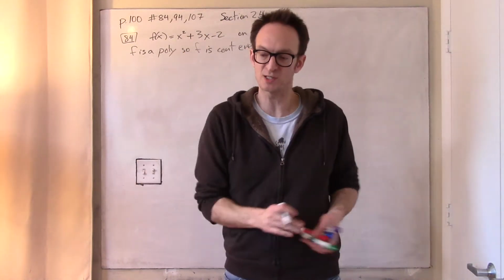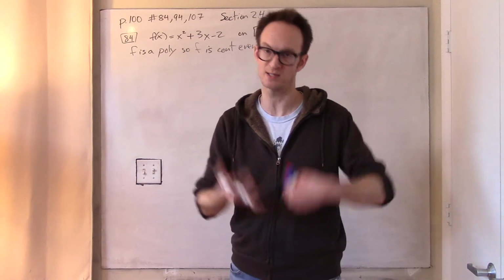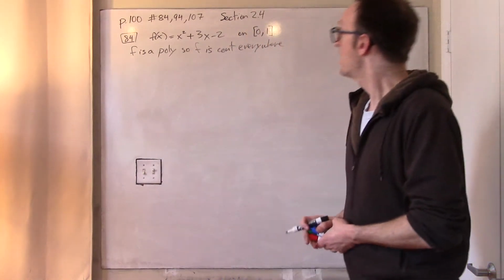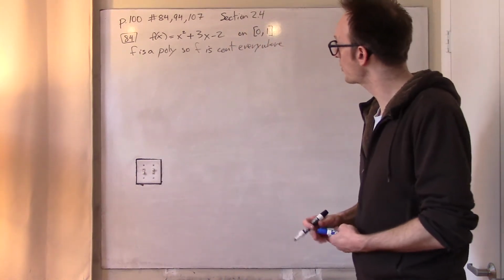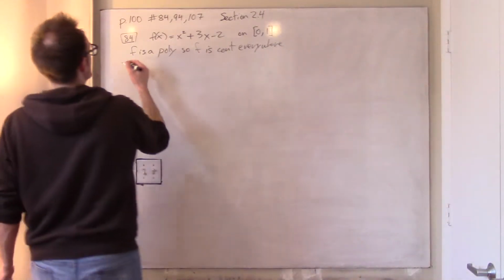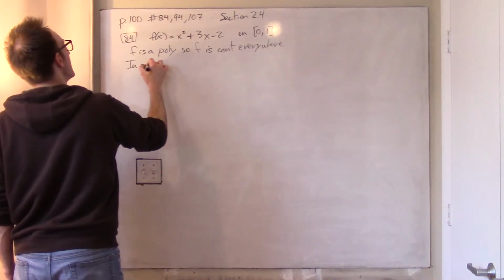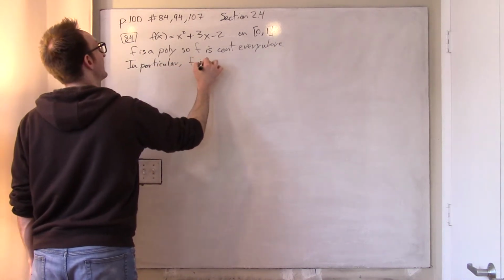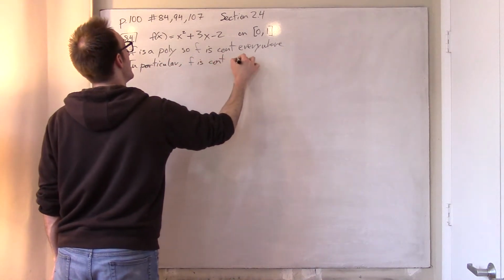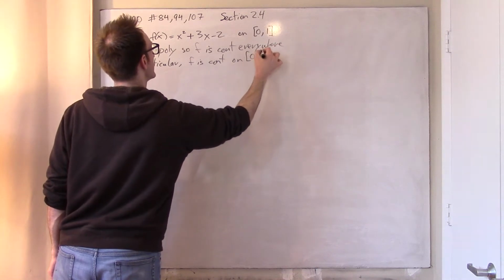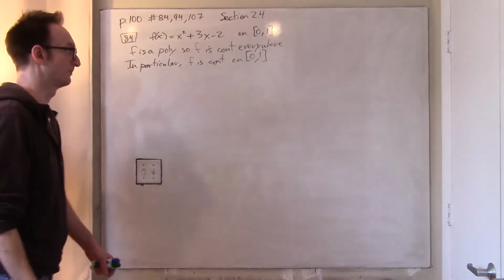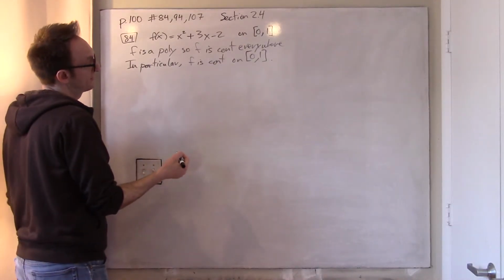That's just the definition of continuity. We showed that as an application of the limit laws. So since f is a polynomial, it's continuous everywhere. In particular, f is continuous on the closed interval [0, 1], because I'm supposed to be looking at this function on this interval.